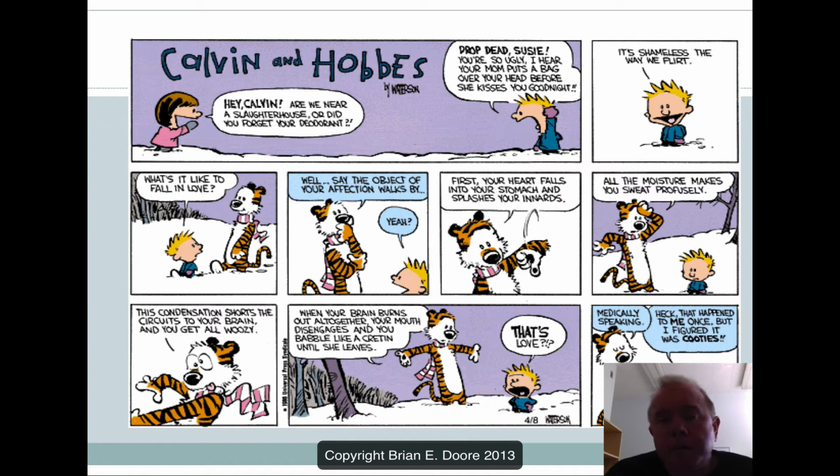Calvin and Hobbes had a little bit different interpretation of love. Susie says, "Hey Calvin, are we near a slaughterhouse or did you forget your deodorant?" "Drop dead, Susie. You're so ugly I hear your mom puts a bag over your head before she kisses you goodnight." He says, "It's shameless the way we flirt." He then goes on to ask Hobbes, "What is it like to fall in love?" "Well, say the object of your affection walks by."